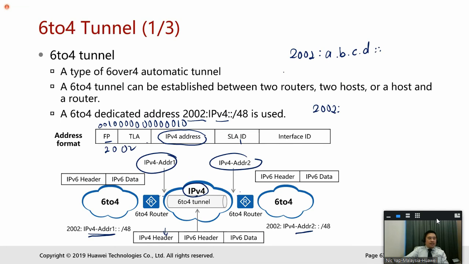Let's say your address from here is 192.168.1.1. They put the 192.168.1.1 after 2002 colon, something like this. So in this case, this is a special dedicated address to assign for this router's interface IP. You put it into your IP addresses to form the 6/4 public tunnels.